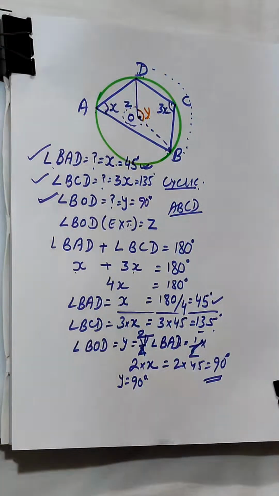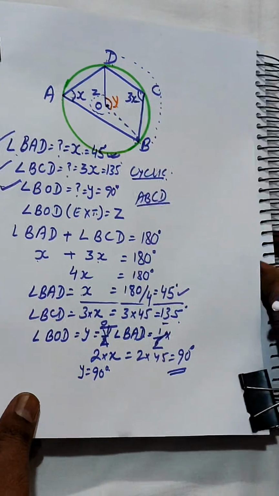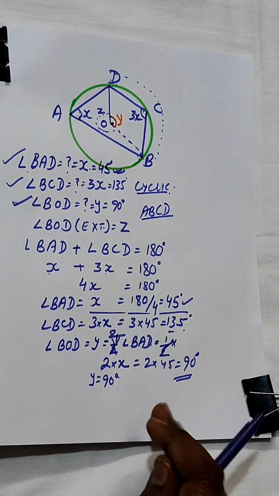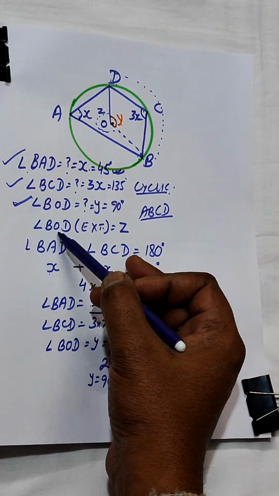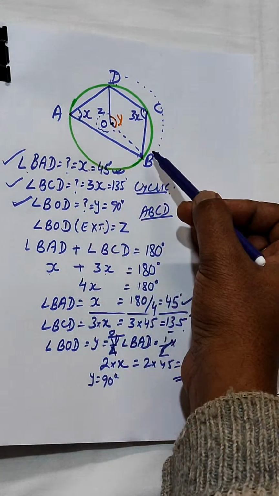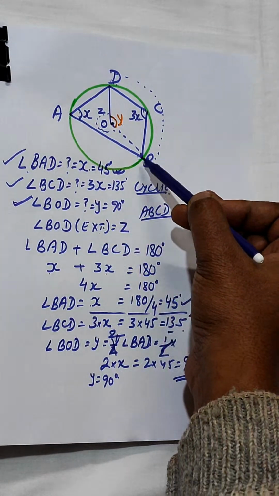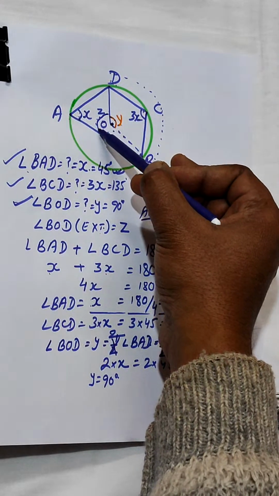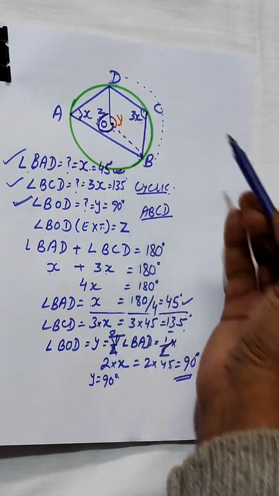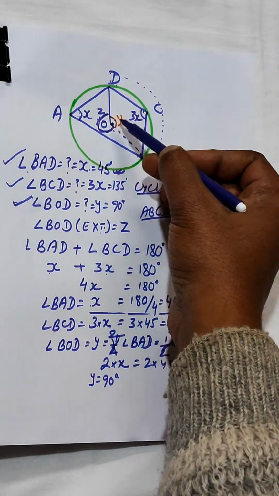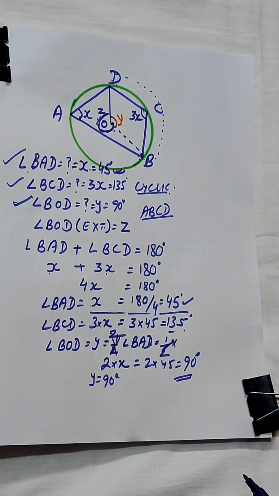Now what is the next? The last part of the question is angle BOD exterior. So BOD exterior is this angle, right? And at O, a complete angle is formed.